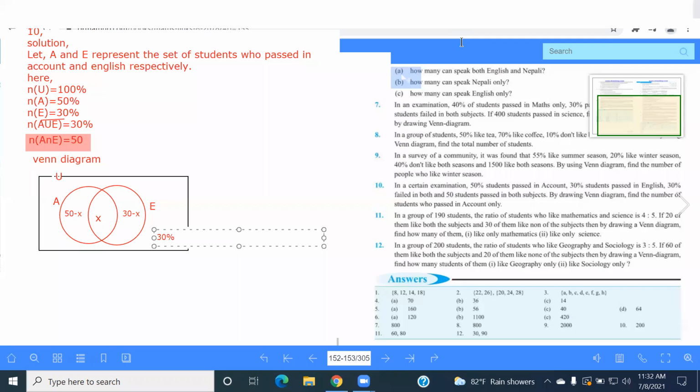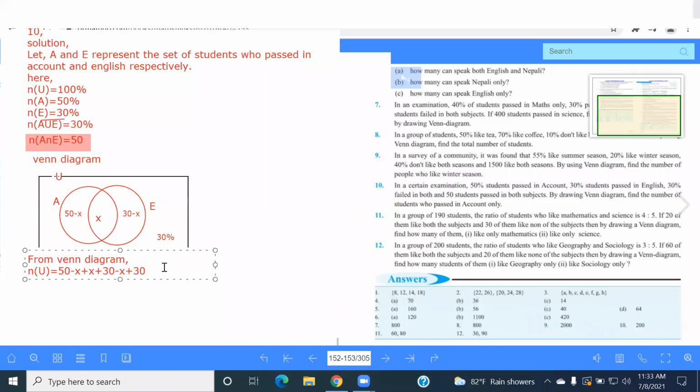Now from this Venn diagram, we can write that the number of U equals the addition of all this, because this total is the number of U. So we can write 50% minus X plus 30% minus X plus 30.